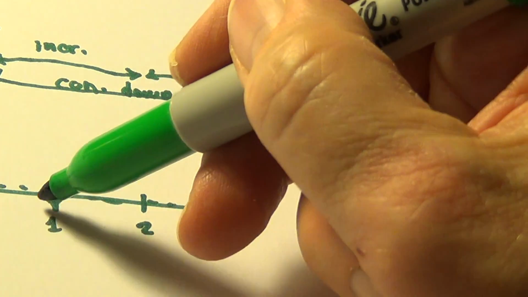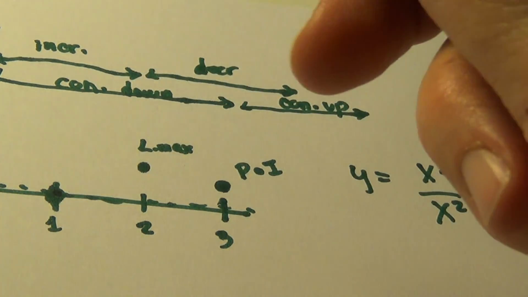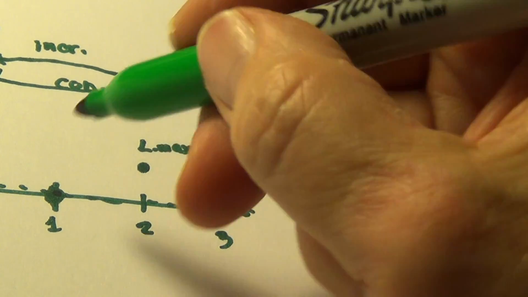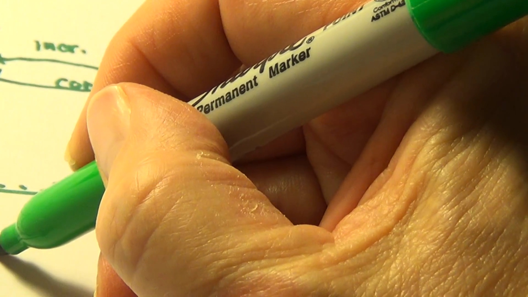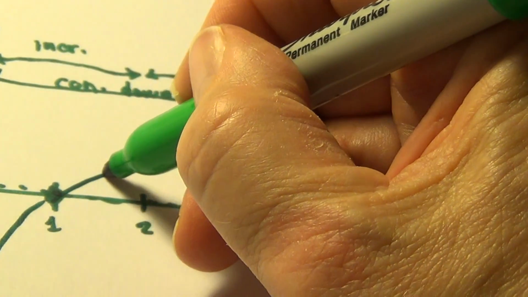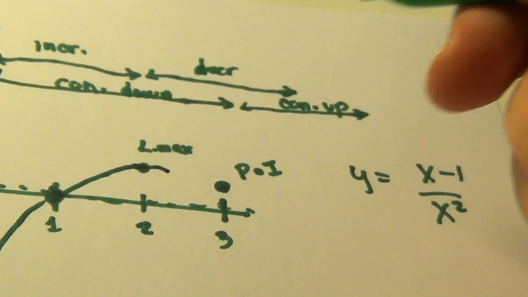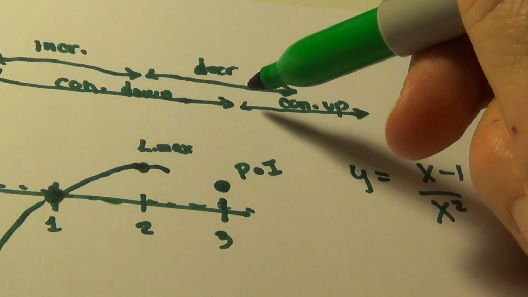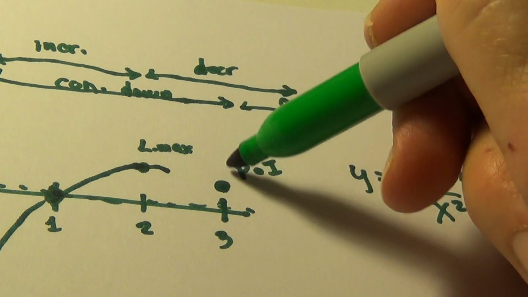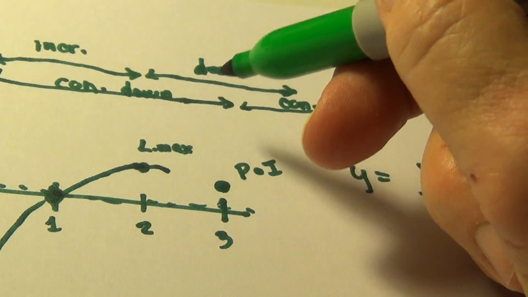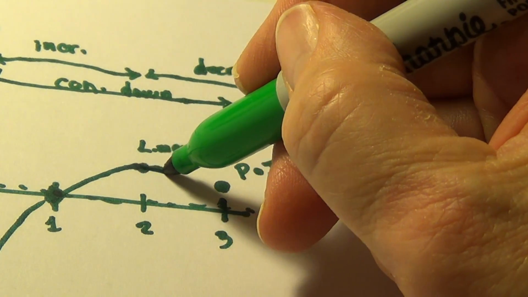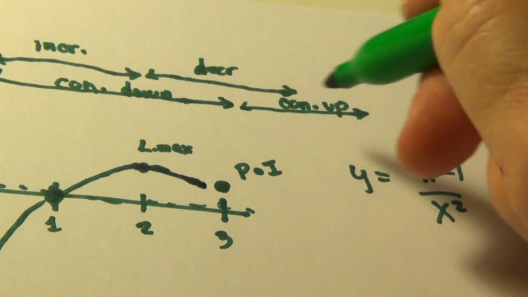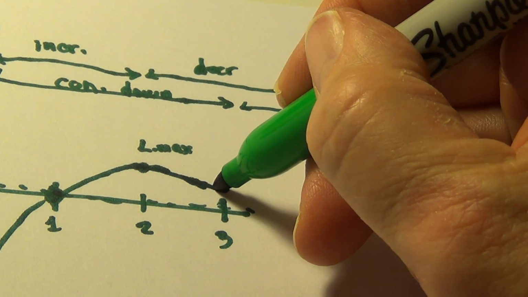It's got to go up to be increasing, and at the same time be concave down, and then maximize right there. Do you see how these directives give us the graph? All right, so now we have a max. What's going to happen after that? It's still concave down until we hit 3. So we're still frowning. And then at that point, it's going to change concavity and become concave up.